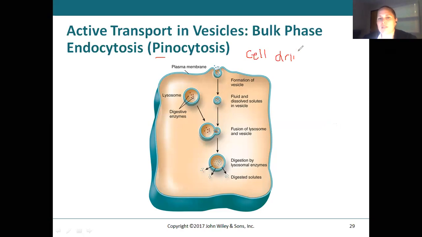So you have a formation of a vesicle, fluid dissolved in the solutes, the lysosome and the digestive enzymes break that down, and digested solutes get released. But again, you're just gulping in its environmental substance, not pulling in larger objects. It's just the solute solution around it.